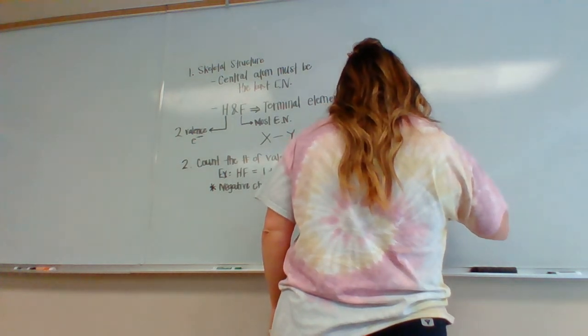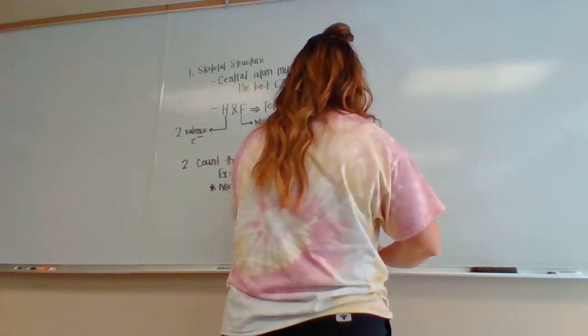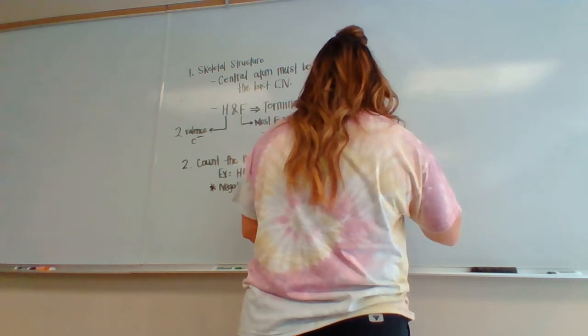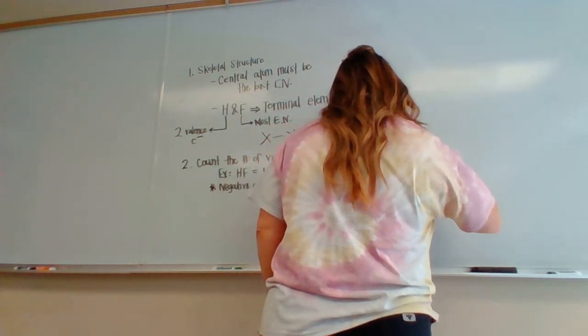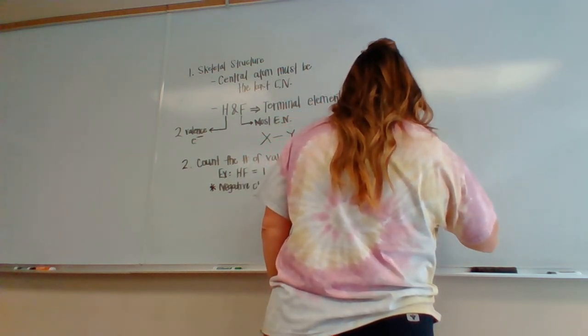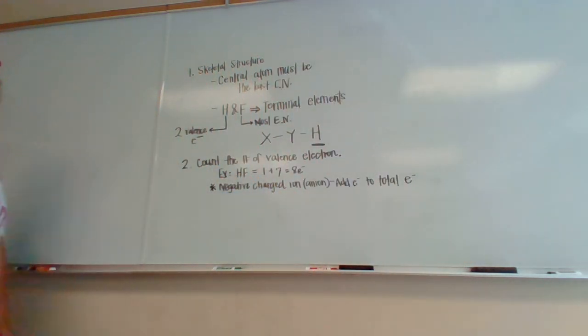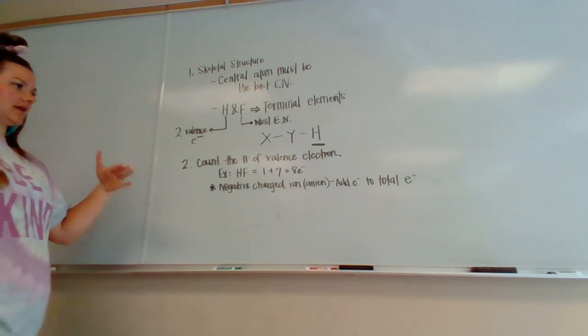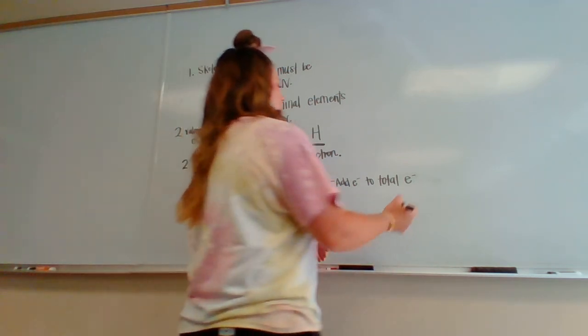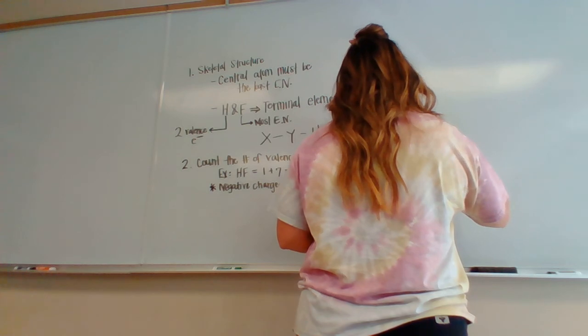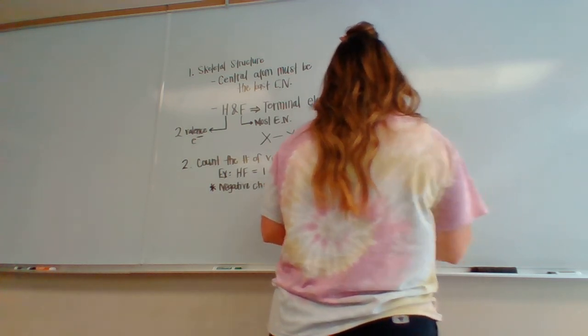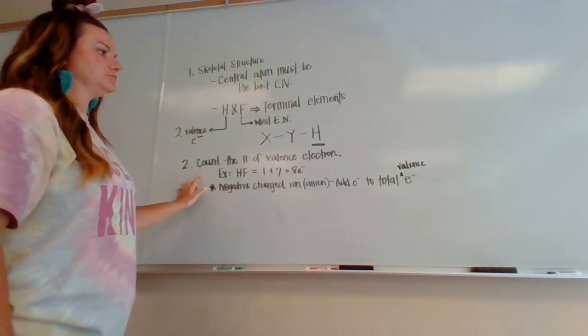All right, what if I have an ion? If you have an ion, you have to take that into consideration. So if I have a negatively charged ion, that's called an anion. I add electrons to the total valence that I'm calculating in my step 2.